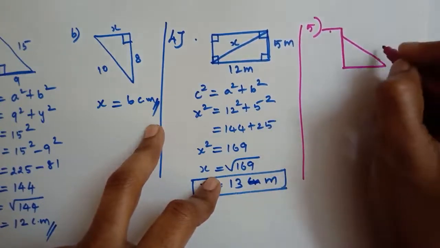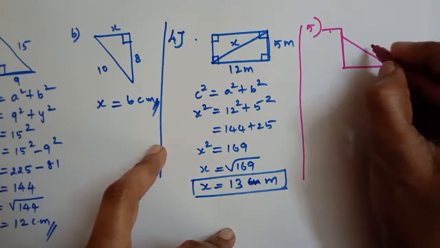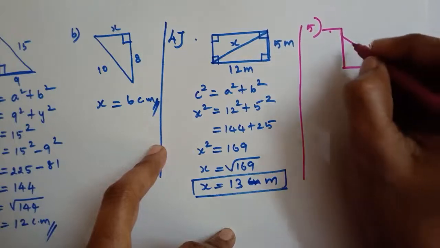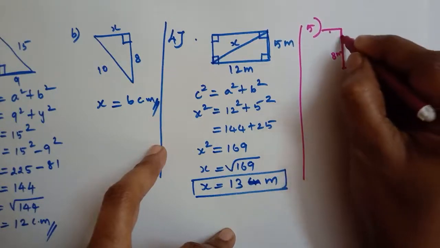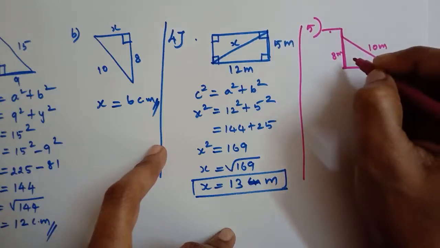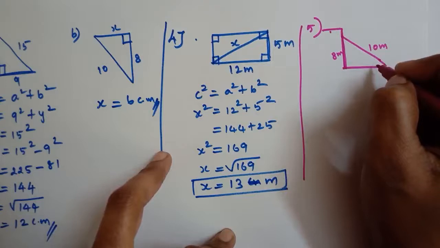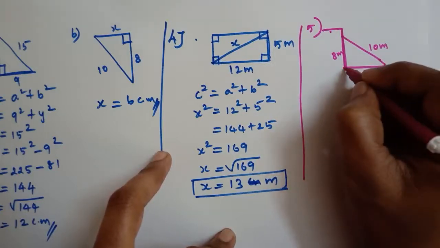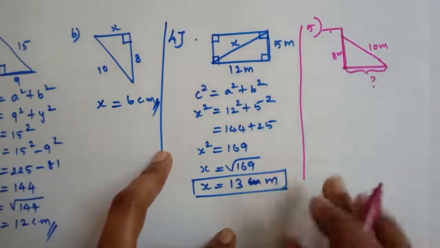A ladder 10-meter long just reaches the top of the wall, 8-meter high. Base of the wall, that means this one. So we have to find this distance.